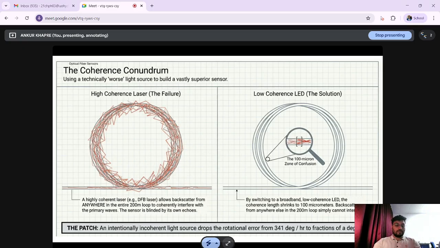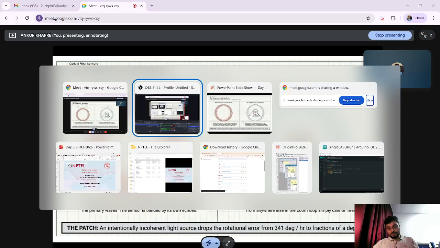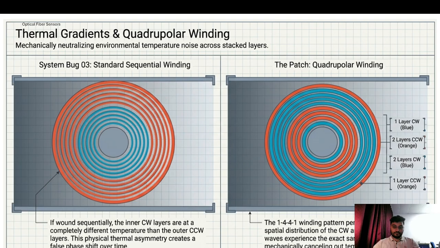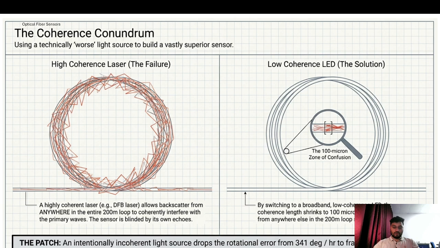So the patch, an intentionally incoherent light source, drops the rotational error from 341 degrees per hour to a fraction of a degree. That is one of the advantages of using the low coherence LED.